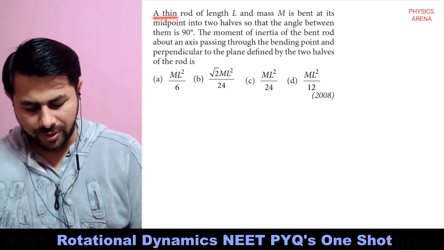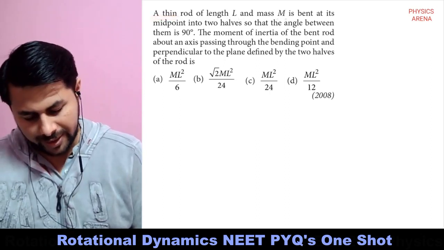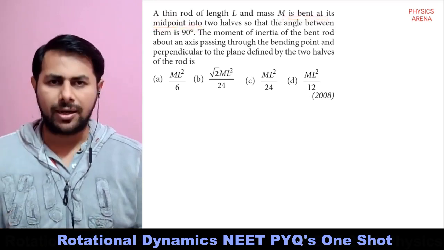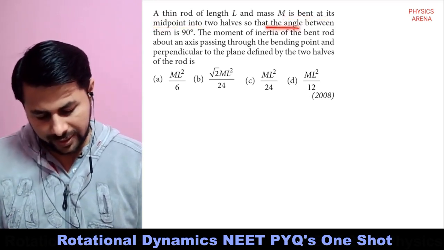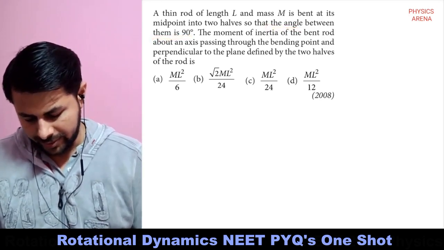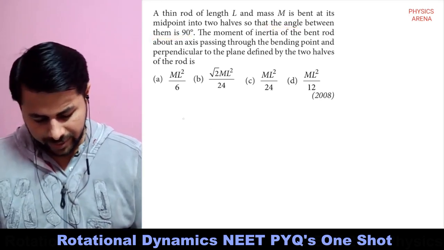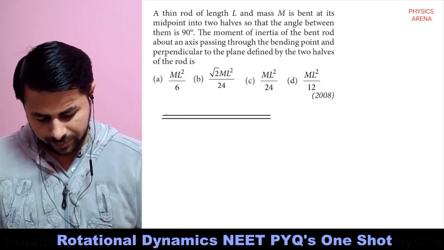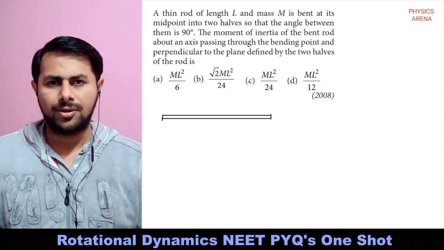A thin rod of length L and mass M is bent at its midpoint into two halves so that the angle between them is 90 degrees. So you are bending a thin rod. Let's suppose you have this rod like this.